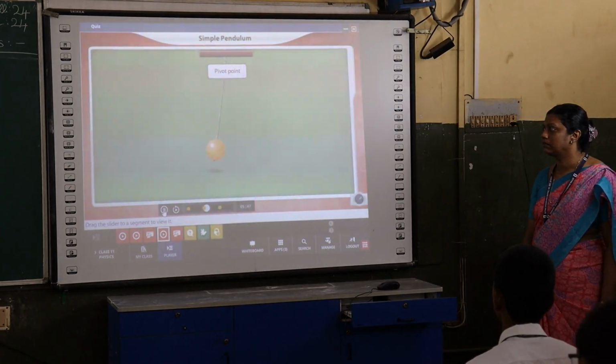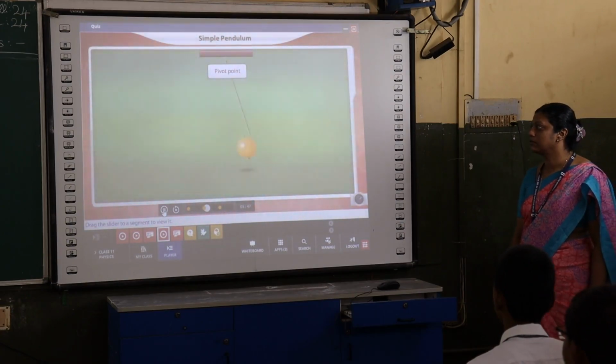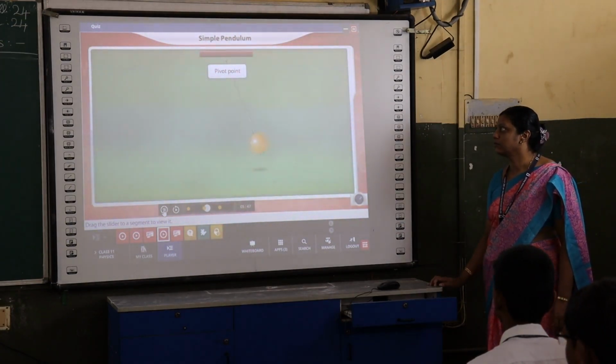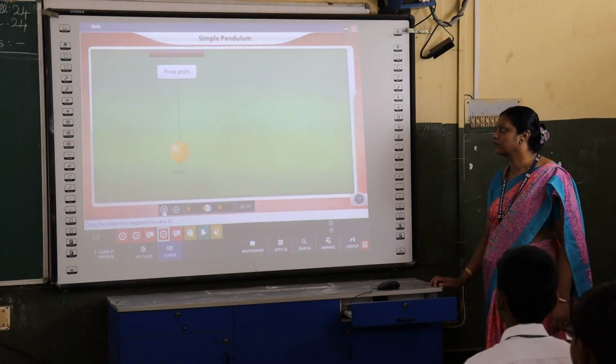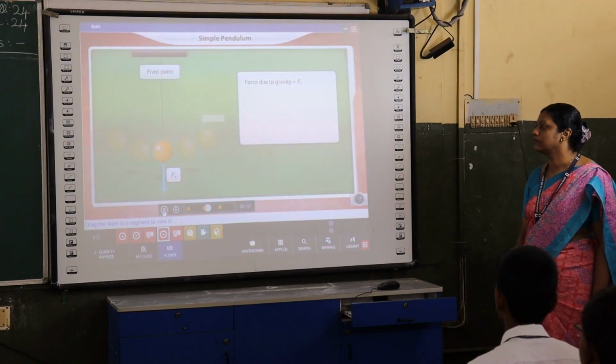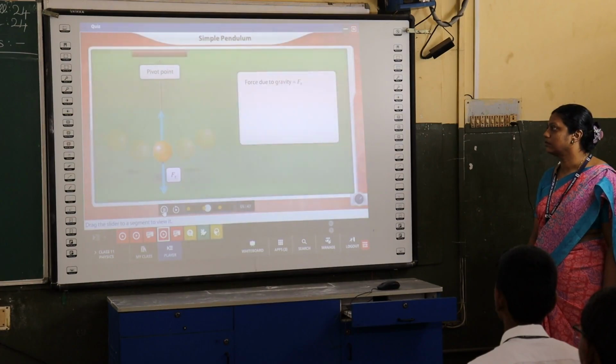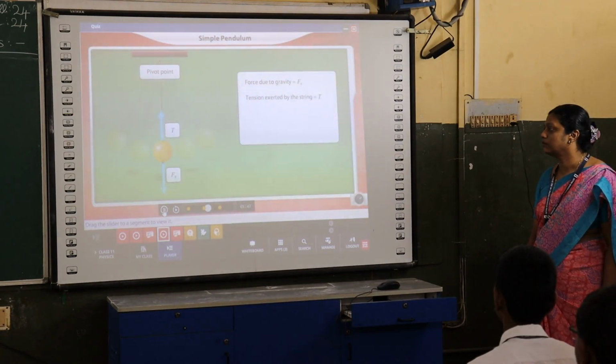Let us now analyze the two major forces acting on the simple pendulum. One of these major forces is the downward force due to gravity. The second major force is the tension exerted by the string.